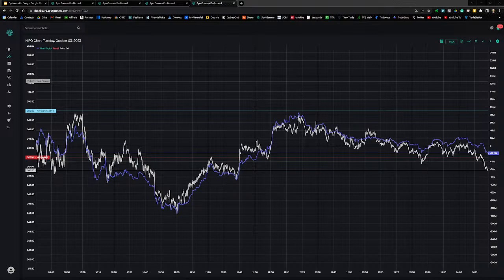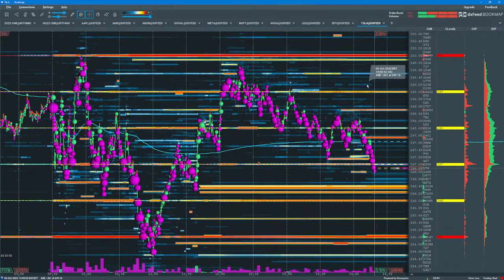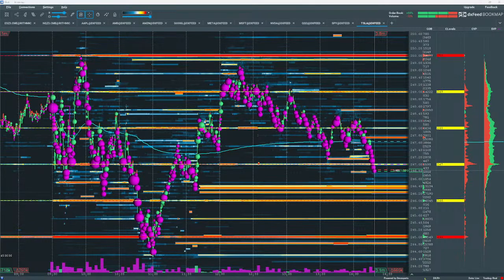Let's go to Bookmap. All right, so Tesla still couldn't make it up to the 250 level before reversing lower.